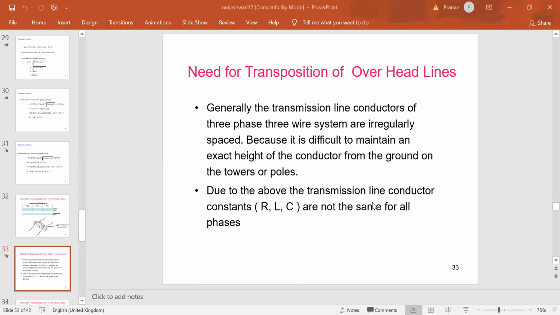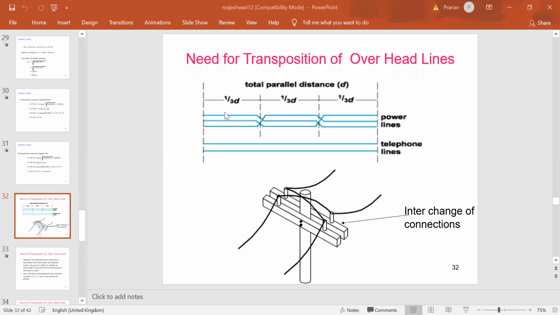In order to eliminate this problem, we use transposition of overhead transmission lines. This is shown in this figure. By connecting like this, we achieve transposition of overhead transmission lines.